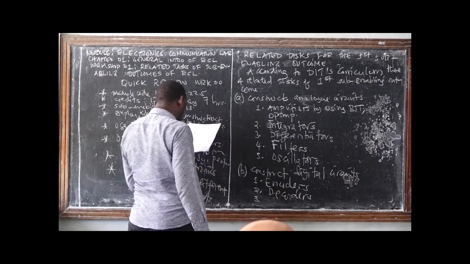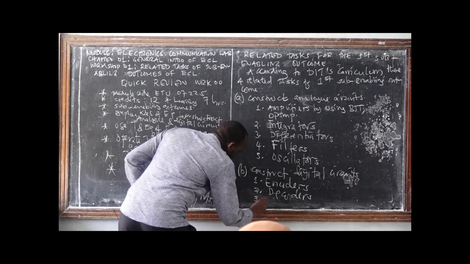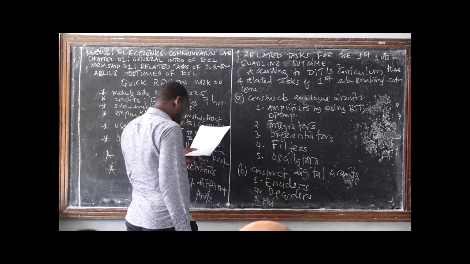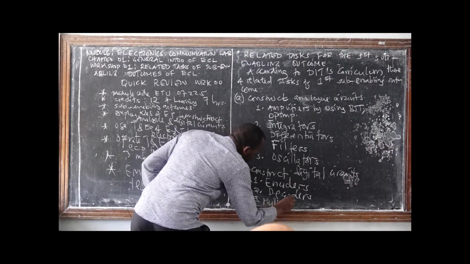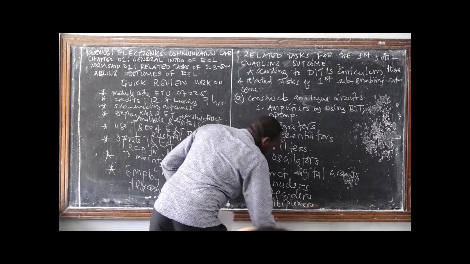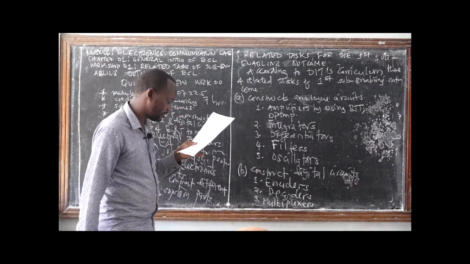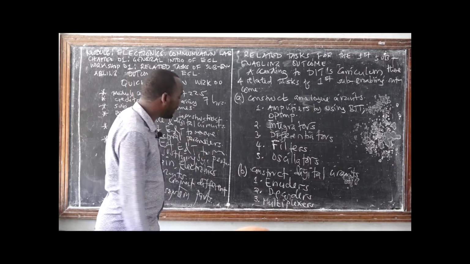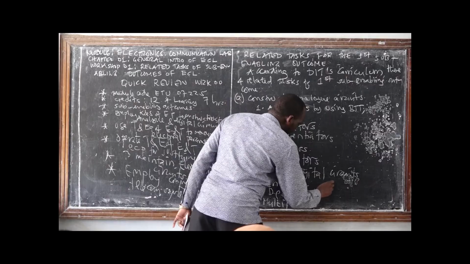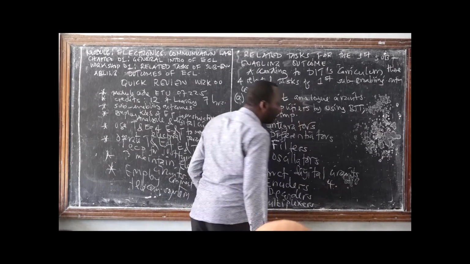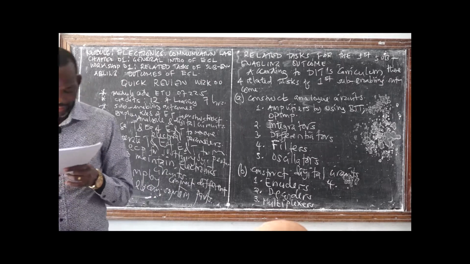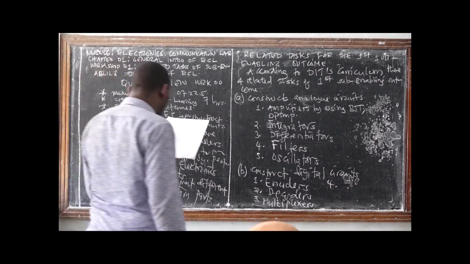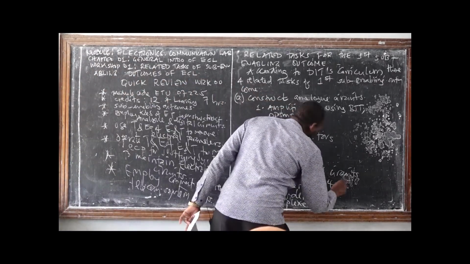Students should be able to construct digital circuits that we call multiplexers. Say multiplexers. Number 4, a student should be able to construct digital circuits that we call half adders.